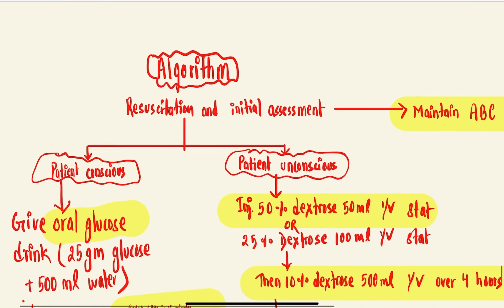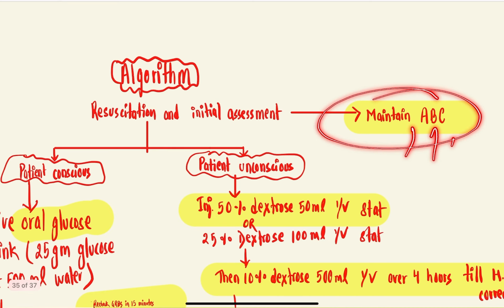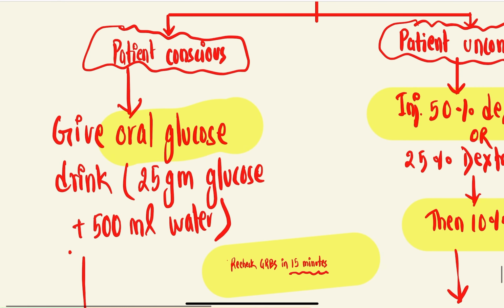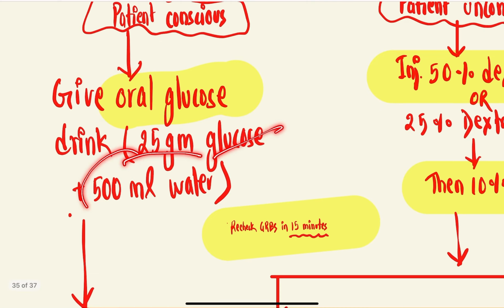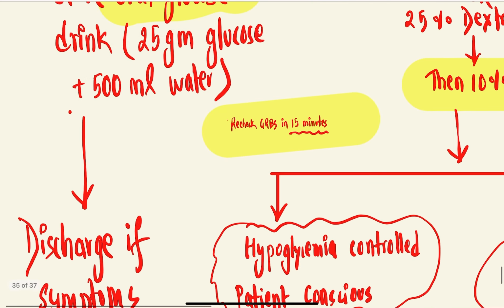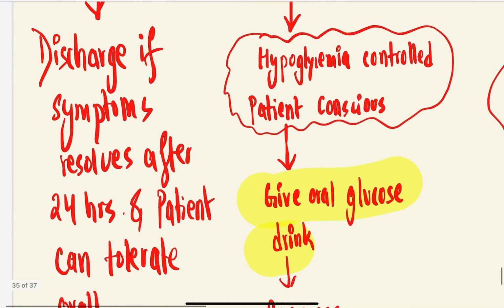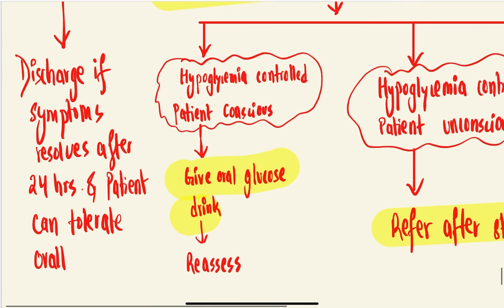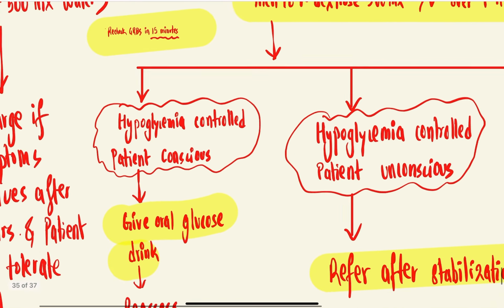First of all, we should resuscitate and do initial assessment, maintaining airway, breathing, and circulation. If the patient is conscious, we can give oral glucose like 25 gram glucose with 500 ml of water. It should be rechecked every 15 minutes, and we can discharge if the patient has resolved symptoms after 24 hours and can tolerate overall.